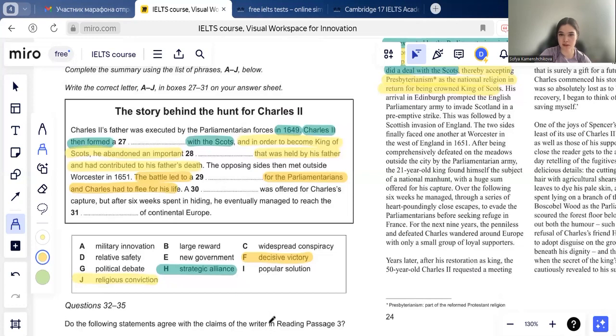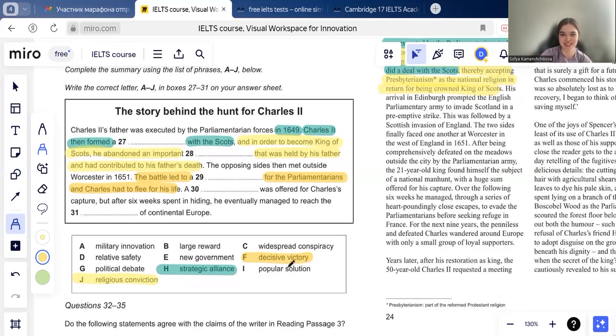It was about strikes. Parliamentary army to invade Scotland in a preemptive strike. This was followed by Scottish invasion of England. So battle, it's about finally faced, I guess.